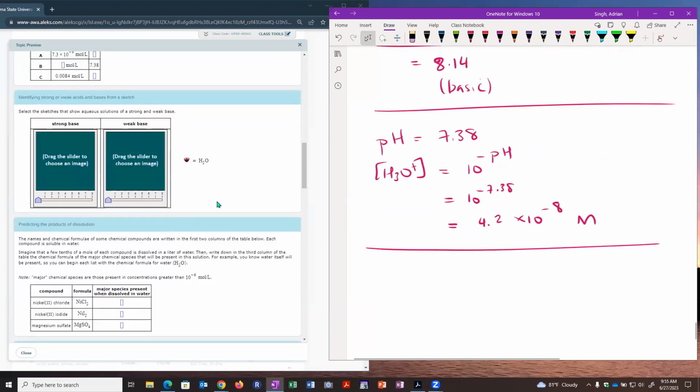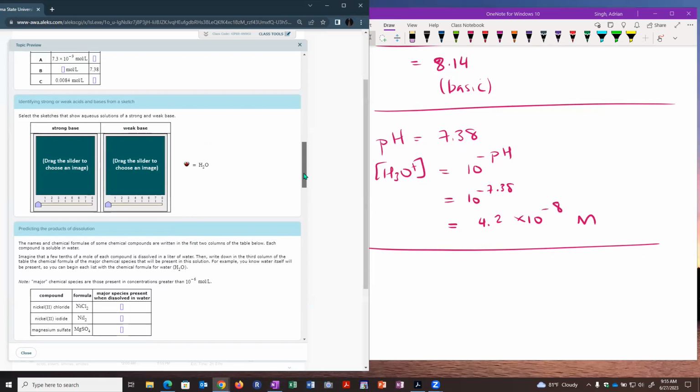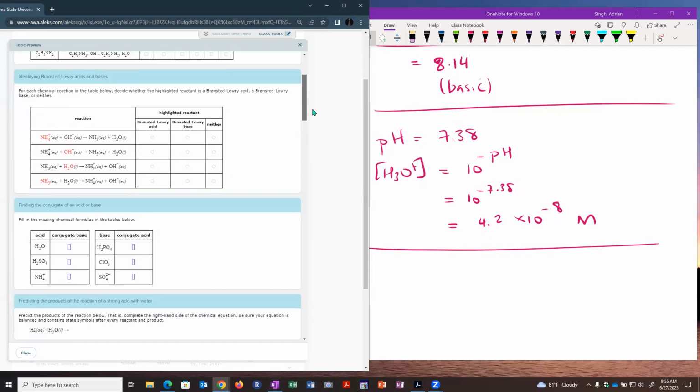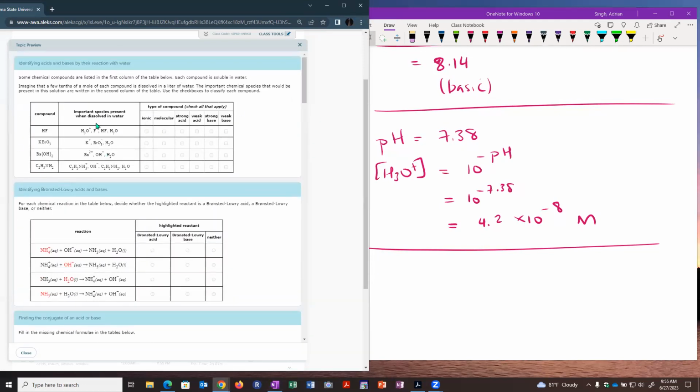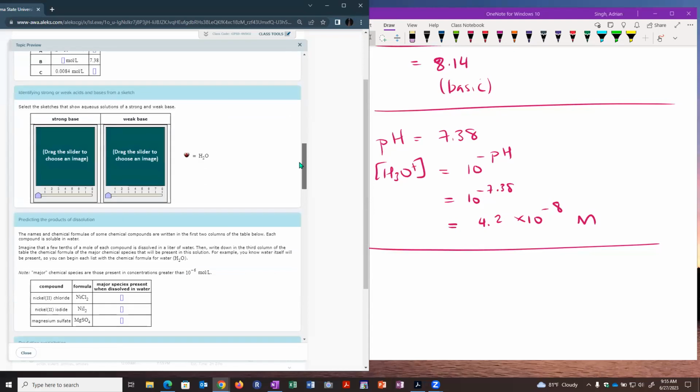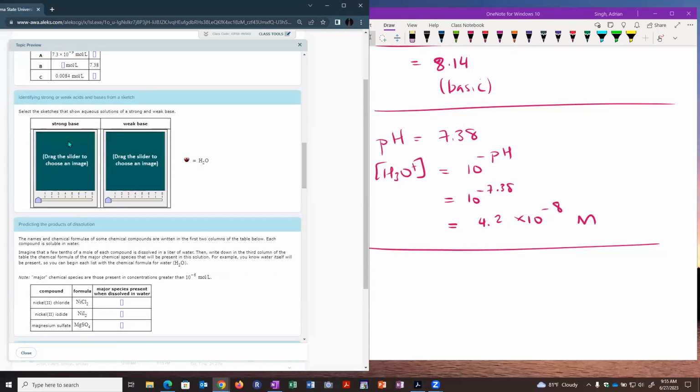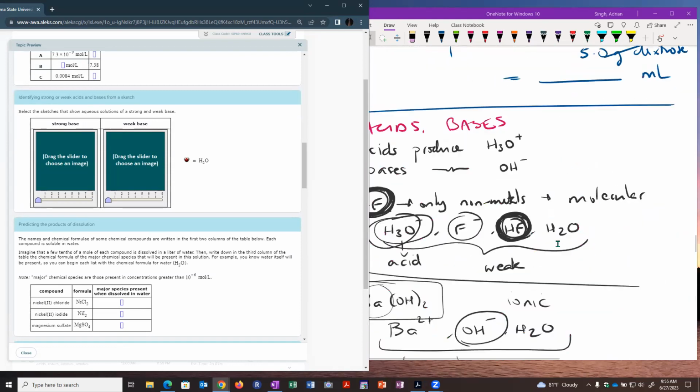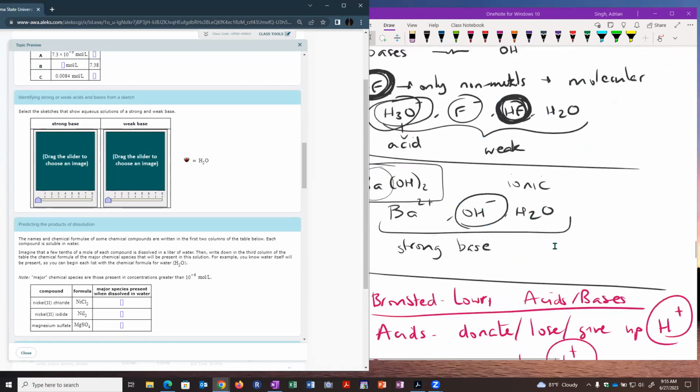And then the last one looks at identifying strong versus weak acids and bases from our sketch. So this relates directly to the one that we looked at up at the very beginning, where you were asked to identify the species present in solution. Now we're taking a look at a sort of a diagram. So remember what we said about strong versus weak acids and bases.